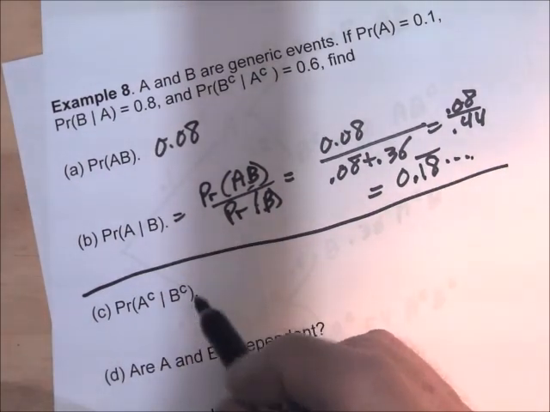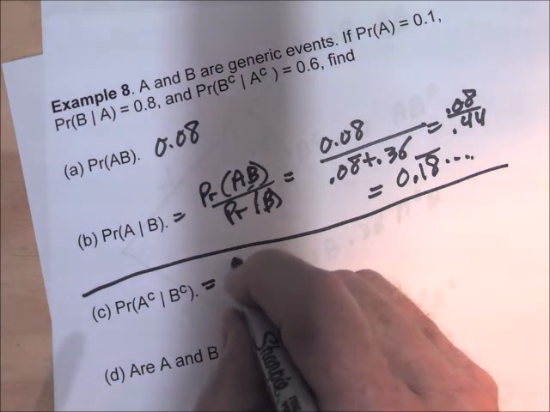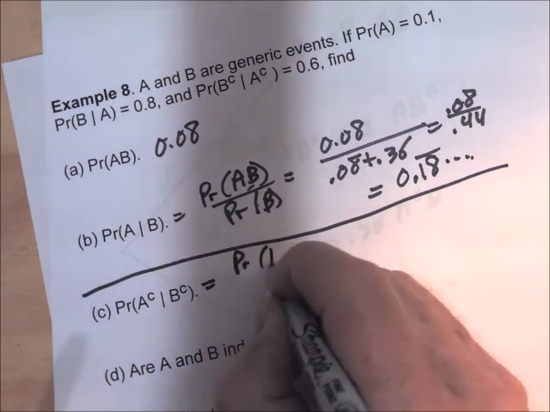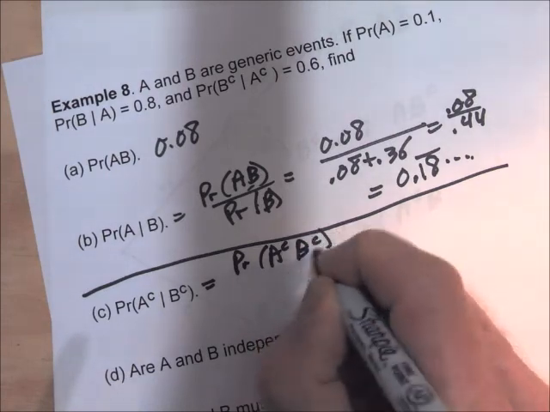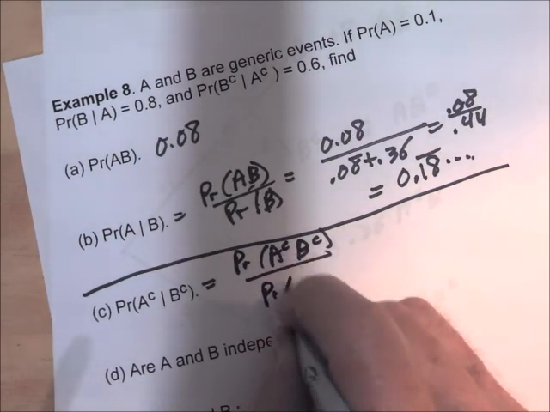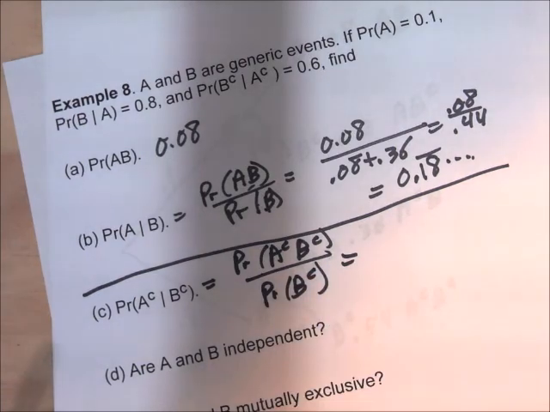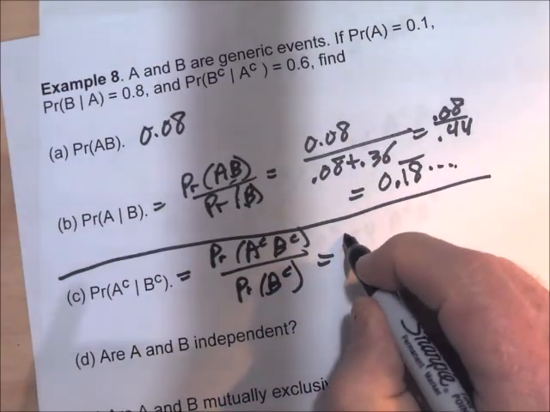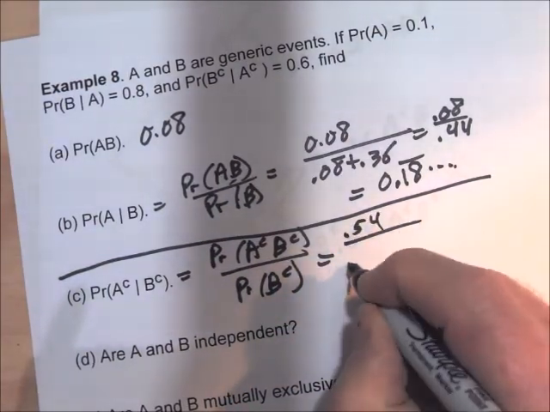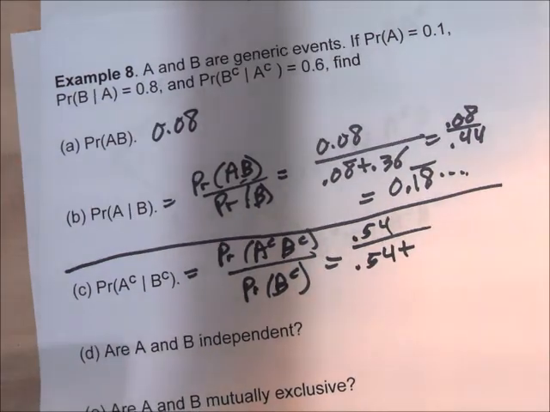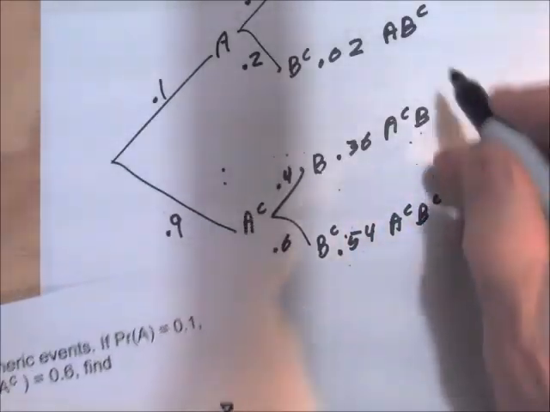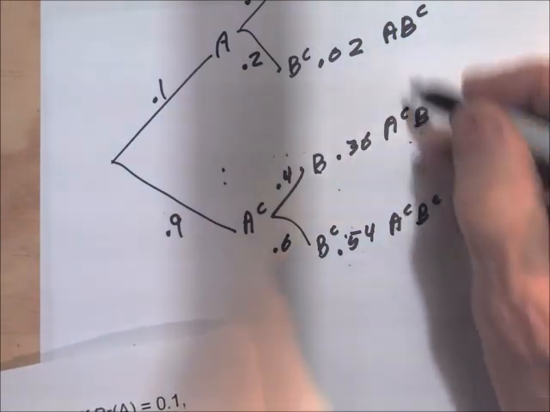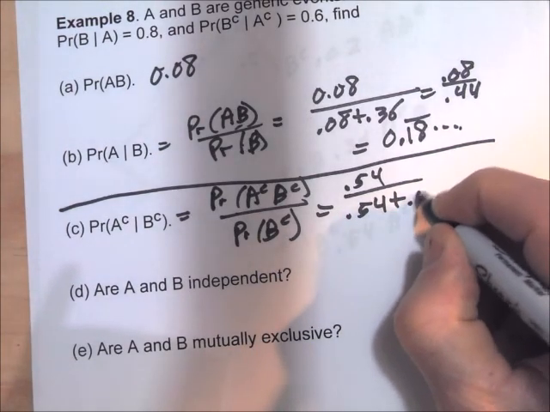And then probability of A complement if B complement. So that's going to be probability of both A complement and B complement, divided by probability of B complement. Okay, so the probability of both, that's the 0.54. And then there's two paths where the event B complement happens, the 0.54 and the 0.02. So on the bottom we're going to add those two.